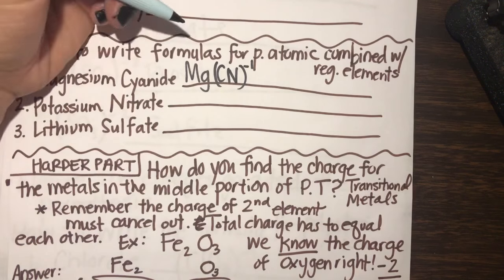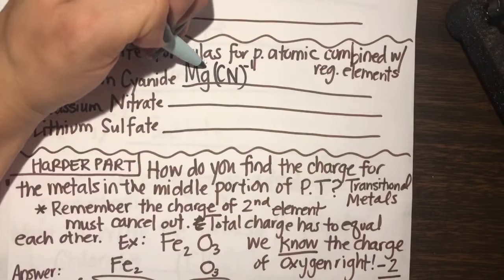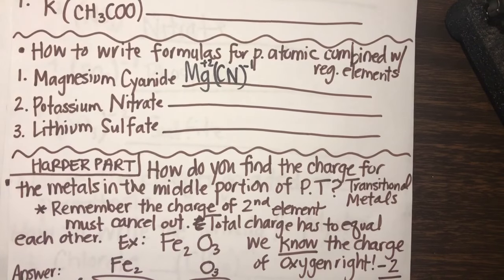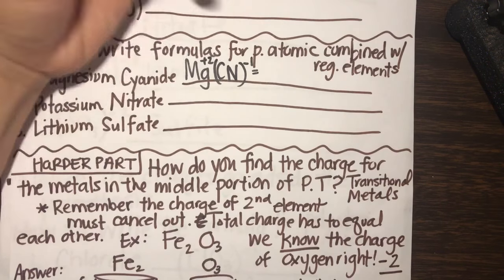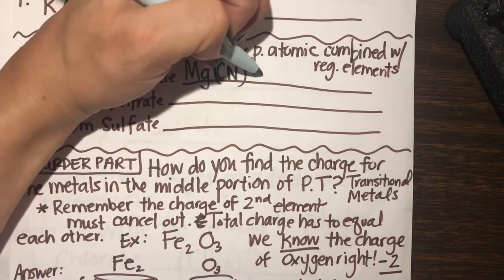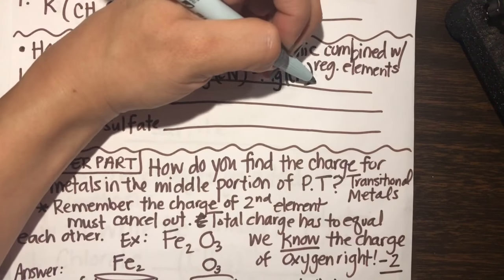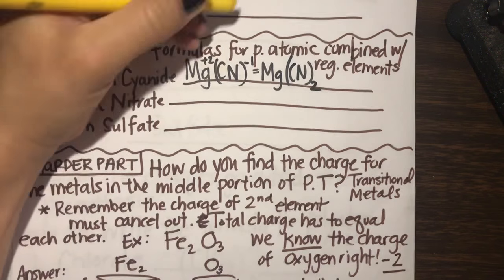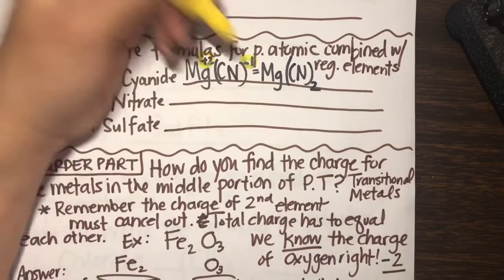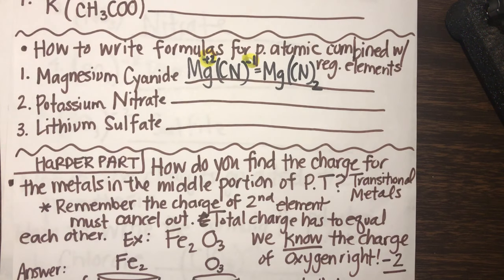What's the charge of magnesium, though? +2. Good job. Awesome. Okay, we have to switch the charges. So when we're all said and done, the 2 goes with the cyanide. So Mg(CN)2. What I did there, I gave them their charges, and then they have to move to the other element.